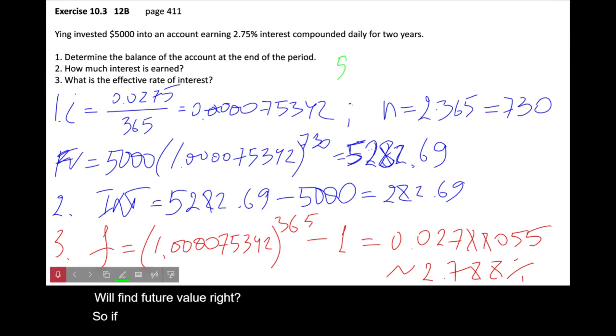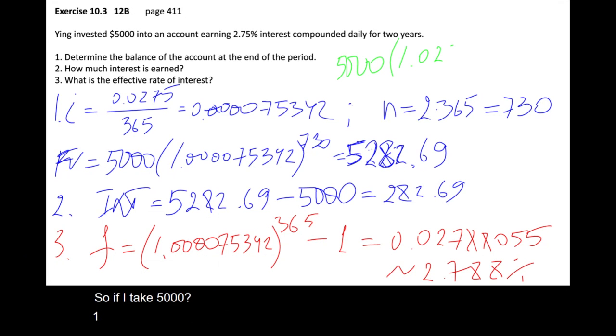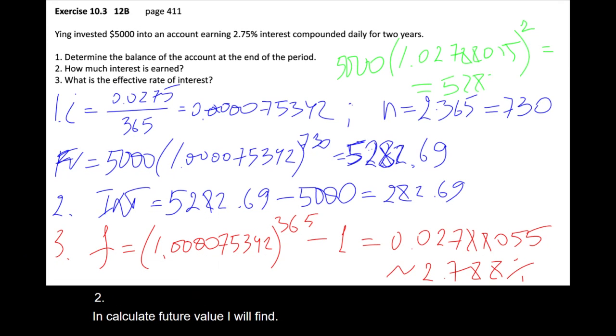So if I take 5,000, 1.02788055 exponent 2 and calculate future value, I will find this. So same answer. Yep. Any questions, guys?